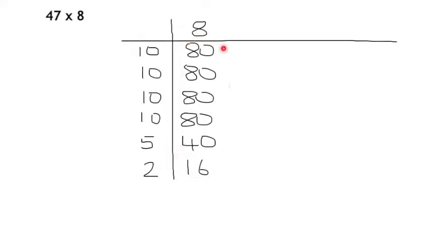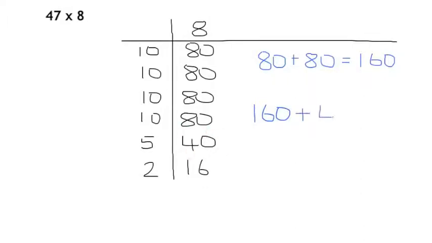Now I add the numbers up to find the total. 80 plus 80 equals 160 because 8 plus 8 equals 16. 80 plus 80 equals 160.